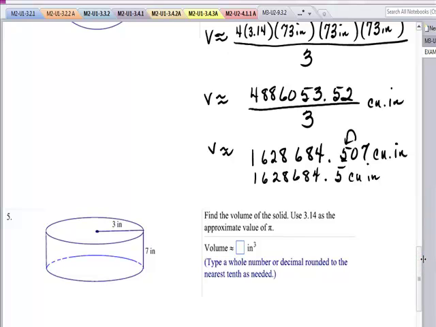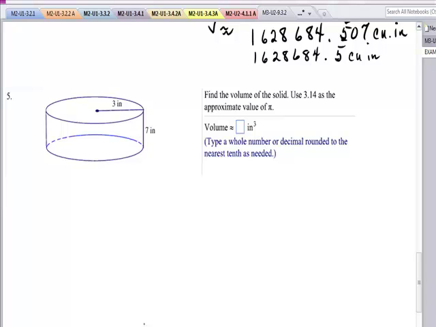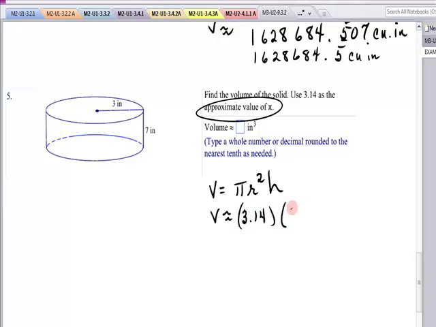Okay, let's take a look at a cylinder. The formula for the volume of a cylinder is pi r squared times the height. And it tells me to do approximate. So the volume is approximately 3.14 times 3 inches times 3 inches again, because it's squared, times the height, which is 7 inches.